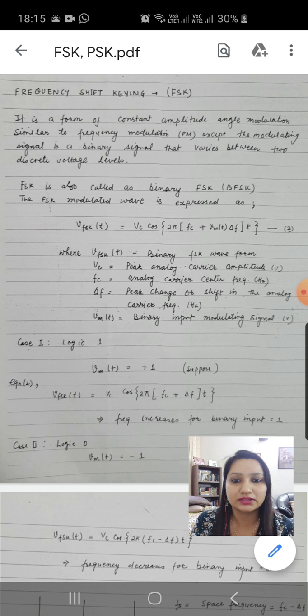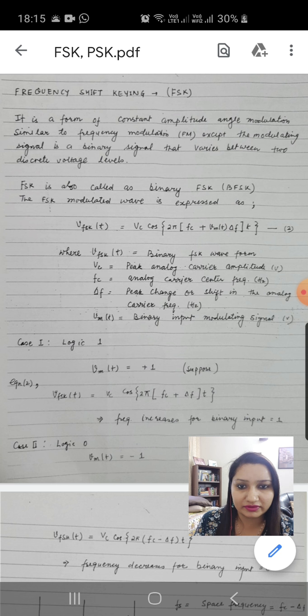Now again we will take the two cases. First case is the logic 1, in which we take the high of our binary input information signal, that is the input signal in the digital form. So we take the two cases, one is the logic 1, that is when it is high, and the other case is the logic 0 when the wave is low.